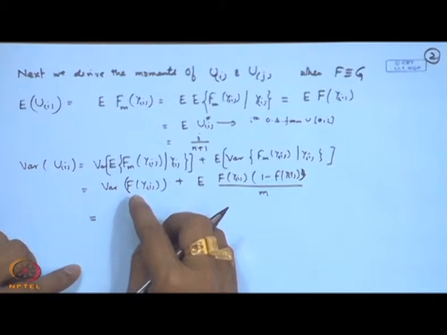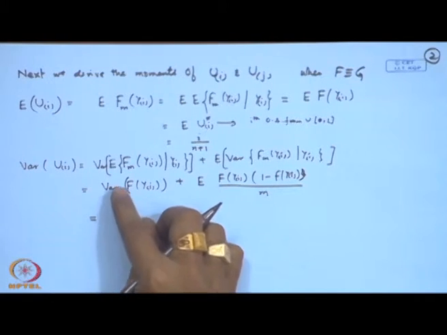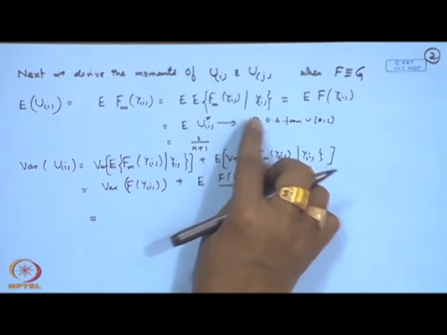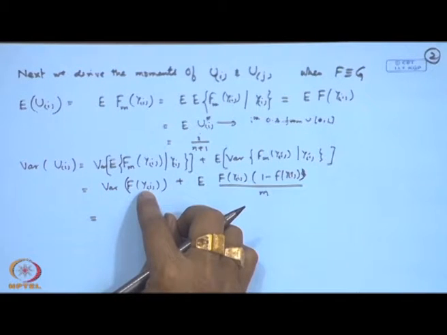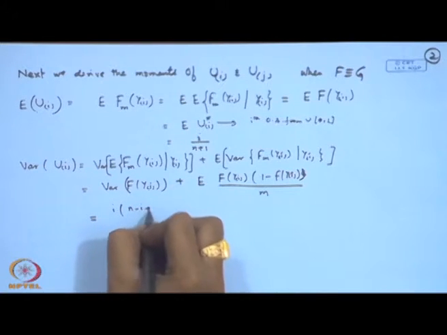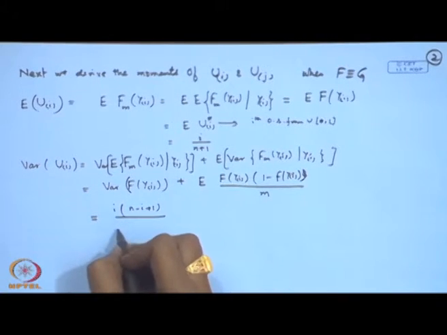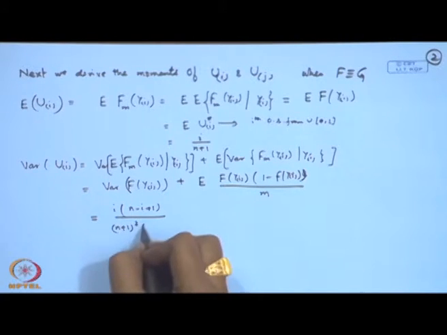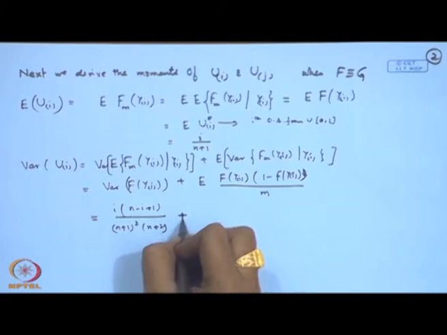Now, this term is turning out to be the variance of the ith order statistic from the uniform distribution. The variance of a beta distribution, the formula is known. So, it is becoming i into n minus i plus 1 divided by (n plus 1) square into (n plus 2).